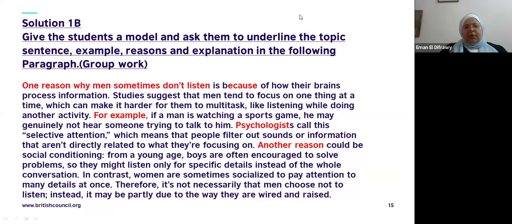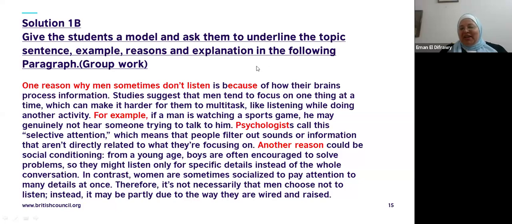So here, there is a model here. You can ask the students to work together to highlight the features of this model. Can you take a minute, read it, and tell me where is the topic sentence, where is the example, the explanation, and the reasons? So it's about one reason why men sometimes don't listen.